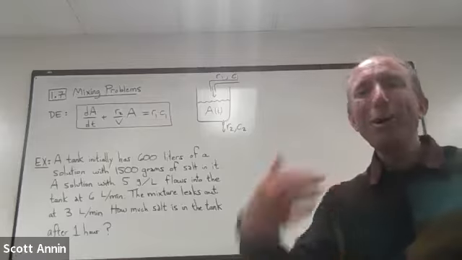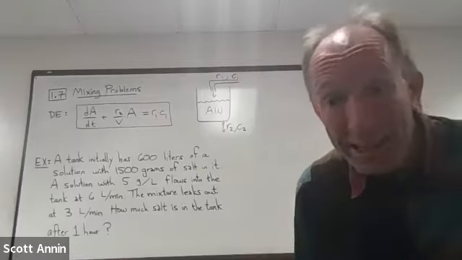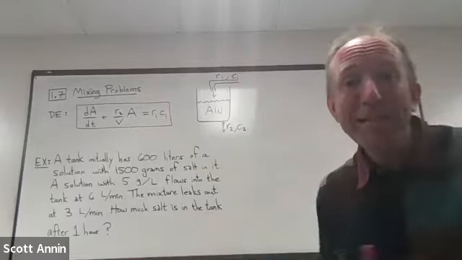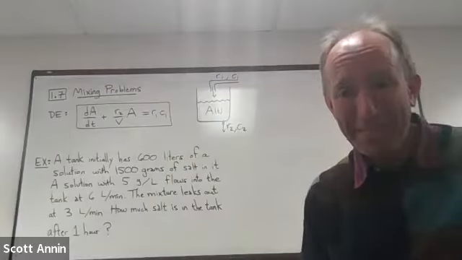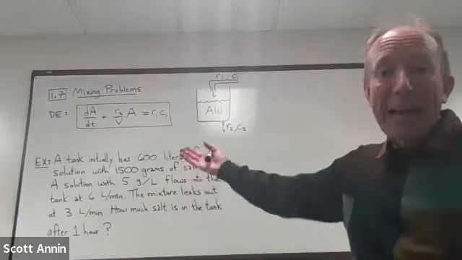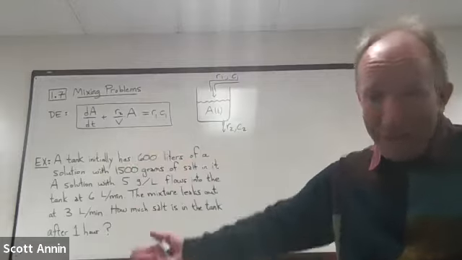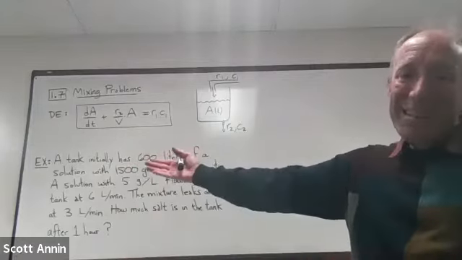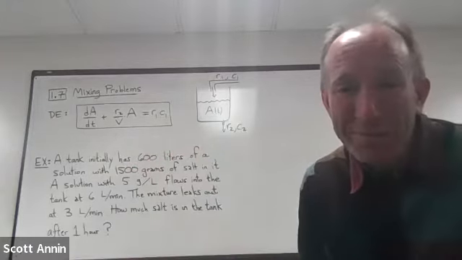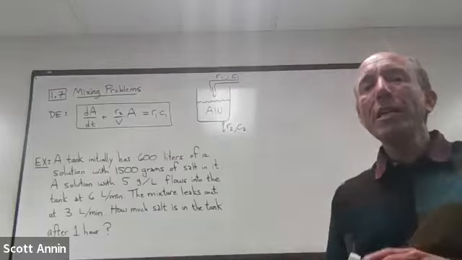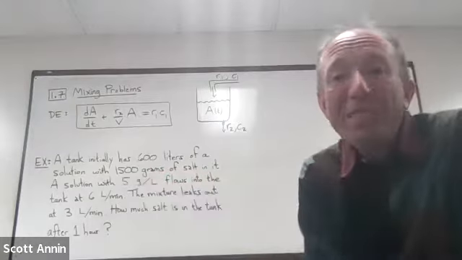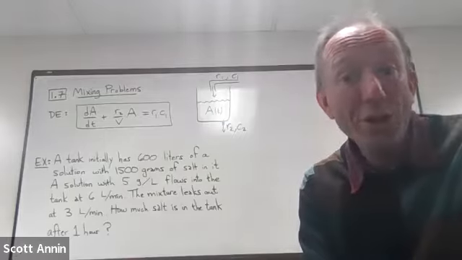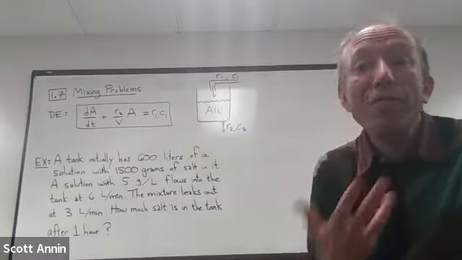Feel free to pause this video if you need to take a minute to write down this word problem. This is the problem I'm going to solve in the next few minutes. What we're looking at here is a tank with a lot of information about it. It starts off with 600 liters of a solution, and in this solution, we're going to assume initially that there are 1,500 grams of salt dissolved.